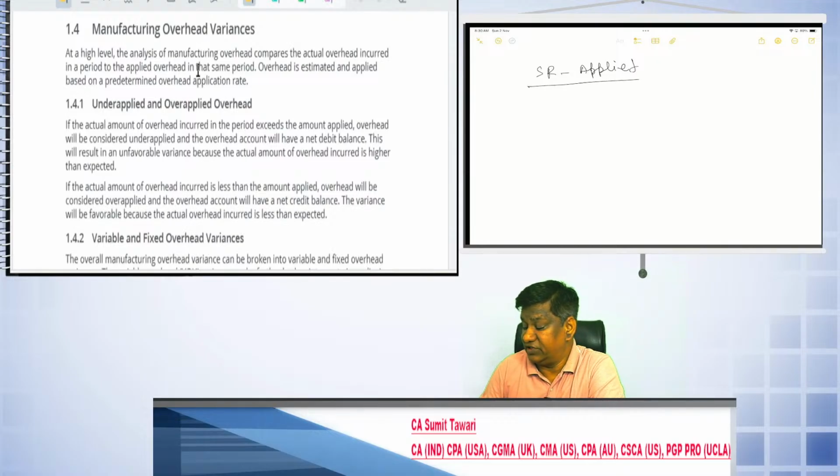Okay, what is standard rate applied? It means when we calculate, say my budgeted overhead is 1 lakh, and I decide to spread it over the units produced on the basis of direct labor used.